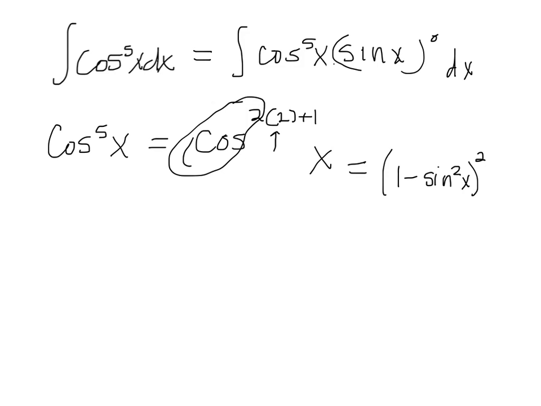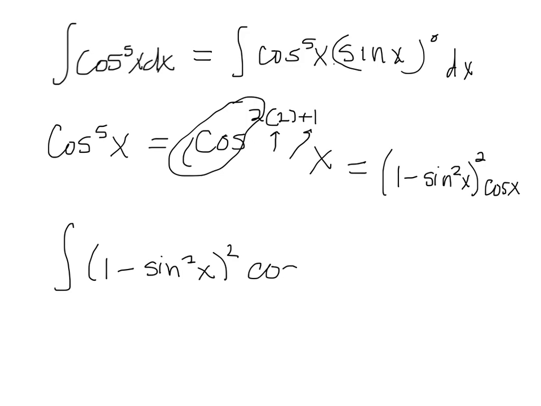And then this plus 1 at the end, for that we put a cosine of x at the end. So what we're really going to integrate here is the integral of 1 minus sine squared of x, squared, times cosine of x dx.